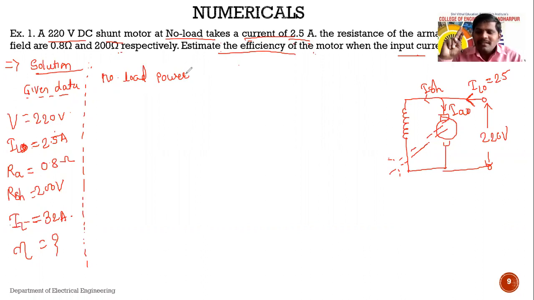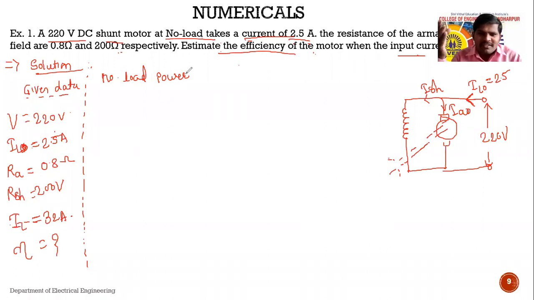Because there is a no load condition, that means there is no load on the motor, the power taken from the supply is nearly equal to what is needed to overcome the no load losses. Whatever power is required to overcome the no load losses, the motor takes only that much power from the supply.